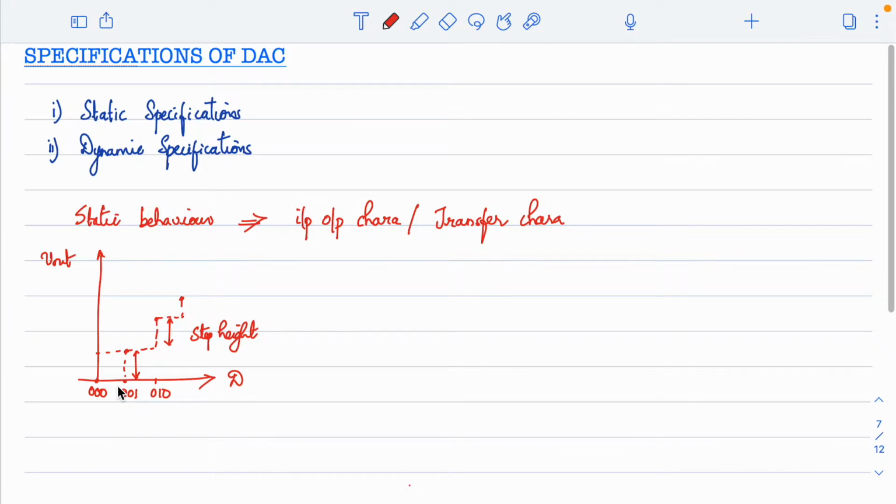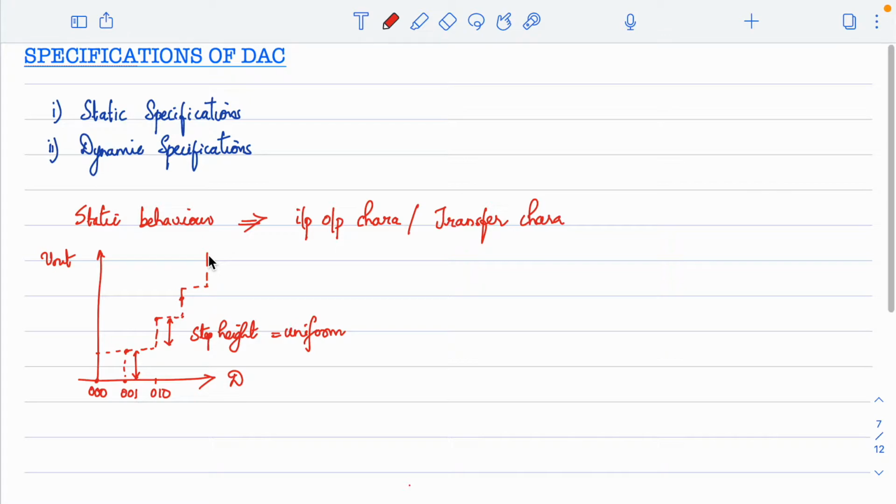That one LSB is equal to the step height, and this step height should be uniform. Ideally the step height will be uniform. That means for every bit change at the input, the output changes by 1 LSB, and the step height will be uniform, right? That is what we expect from a DAC, the input output curve.